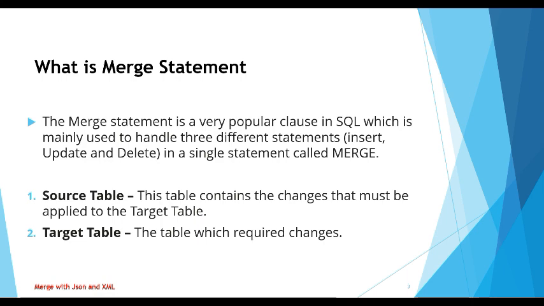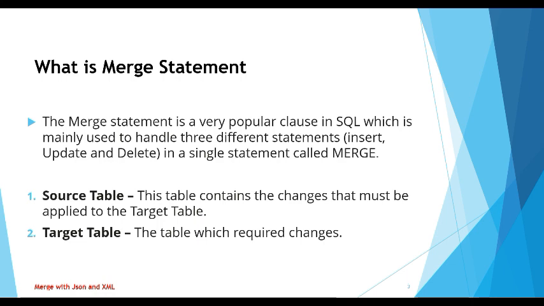And another advantage is that we don't need to write additional conditions and separate insert, update, and delete commands, so this definitely reduces multiple lines of code and conditions. Merge in SQL merges two tables, the source table and the target table. The source table contains the changes that must be applied to the target table.